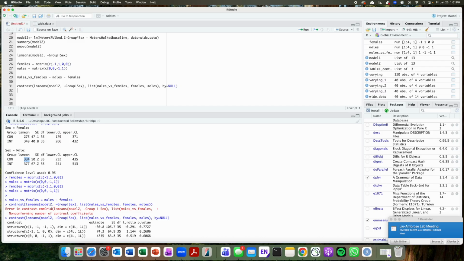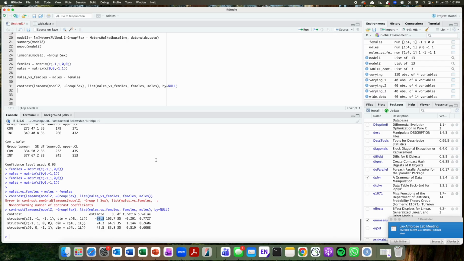And so we can see that these are the effects for the males. These are the effects for the females, for females in the intervention group versus females in the control. Then, if I want to look at the effects for males versus females, it's just males minus females. And so 43.5 minus 74.3 is negative 30.8.